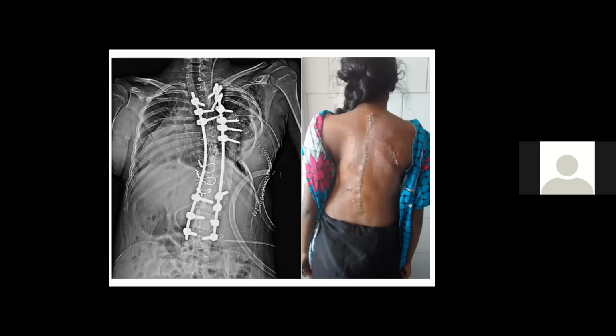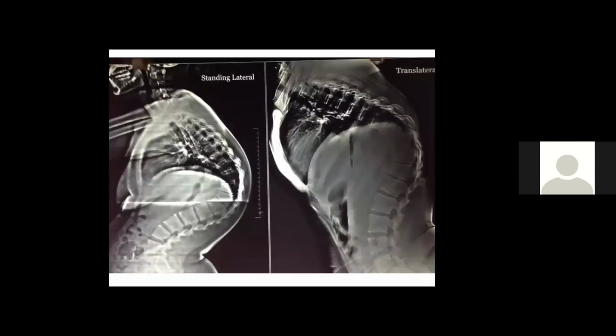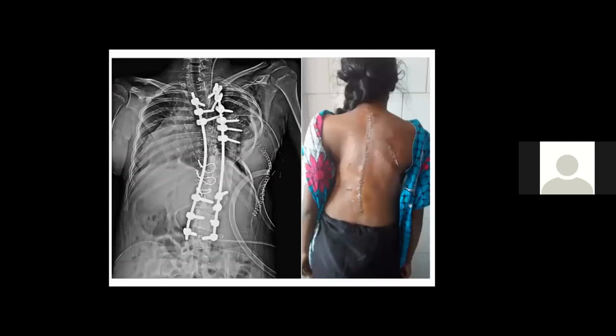So I usually do the probing and see that my screw is in the body, and then I put the guide wire. The guide wire is put, the cannulated tap goes, and later the screw goes.